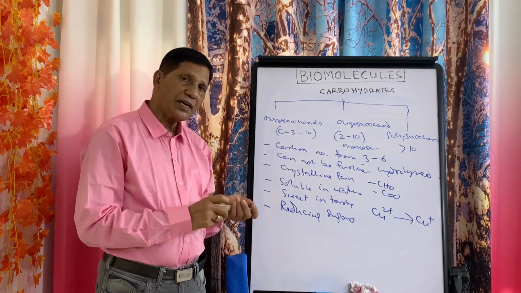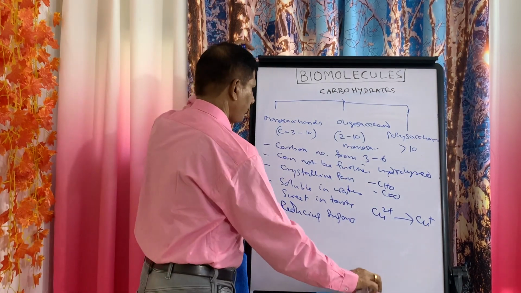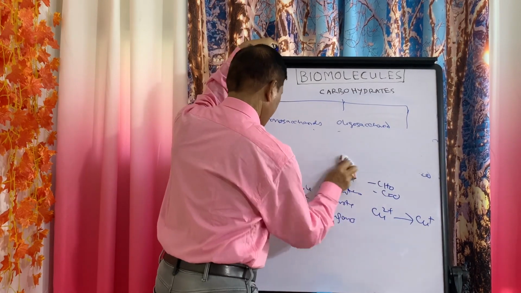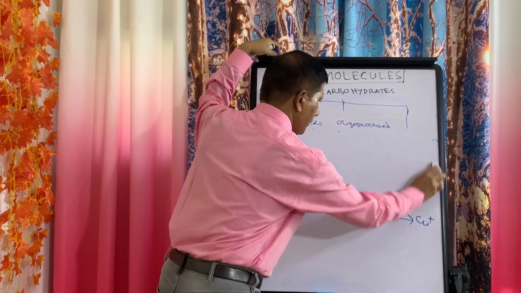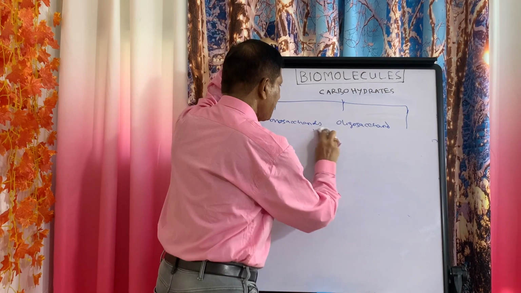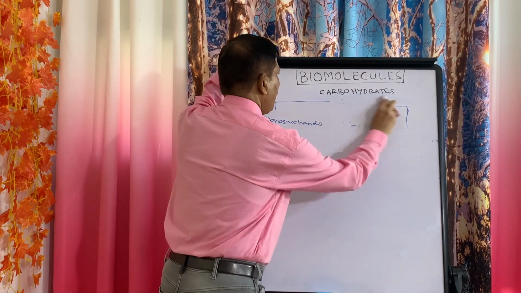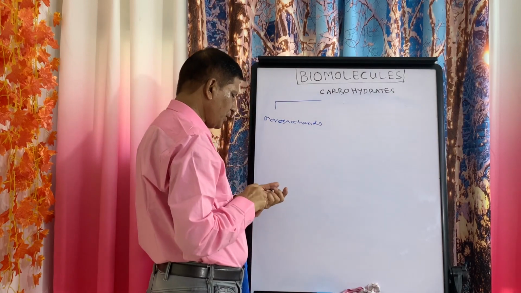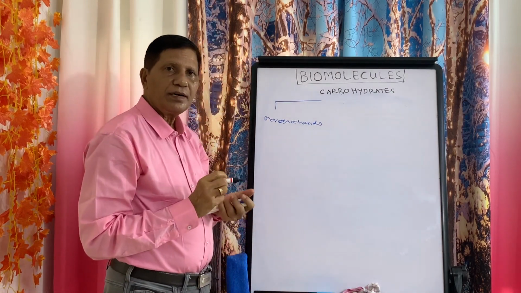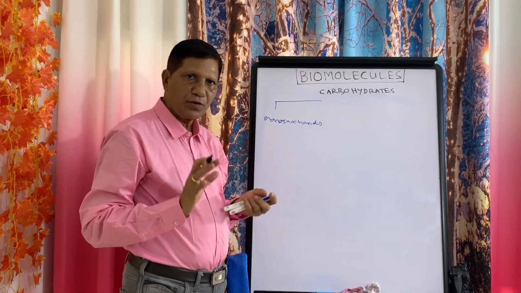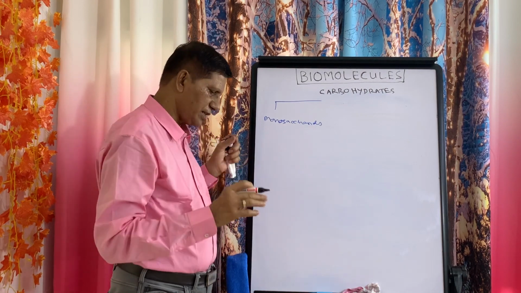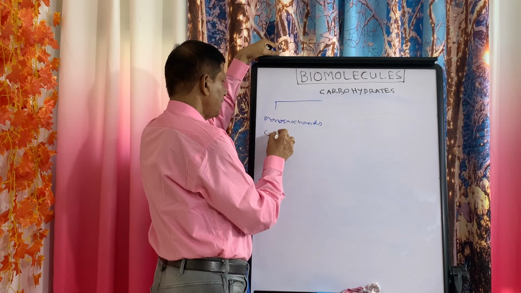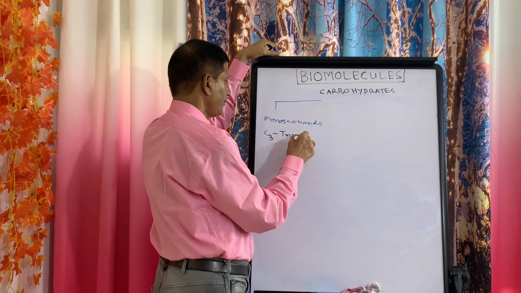Now again the monosaccharides are classified. The monosaccharides are classified basing on their carbon number. And already I have told you that the carbon number in the cell, whatever monosaccharide is present, it ranges from 3 to 6 usually. So if 3 carbons are there, it is known as triose.